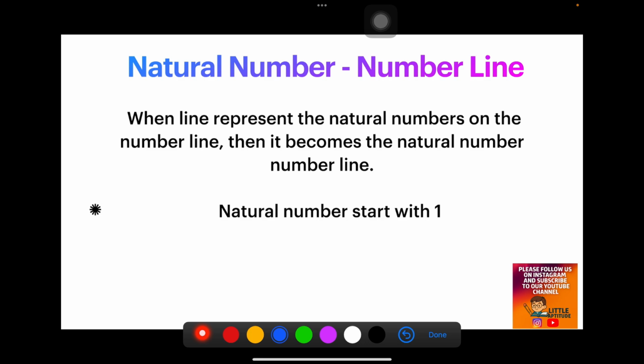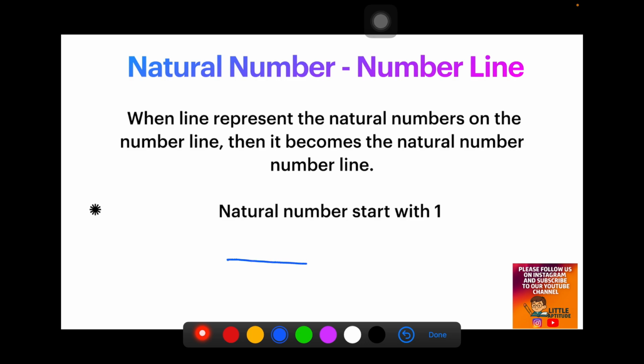So next is natural number line. This is not a separate concept, I have just added it for understanding. So what is natural number line? When a line represents the natural numbers on the number line, then it becomes natural number line. You know very well that natural numbers start with 1.